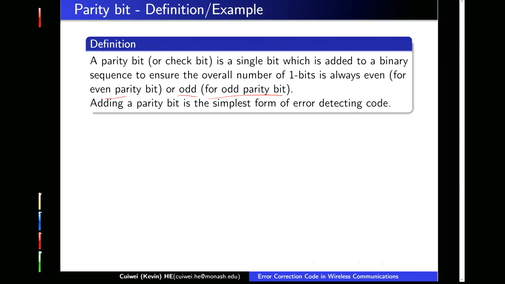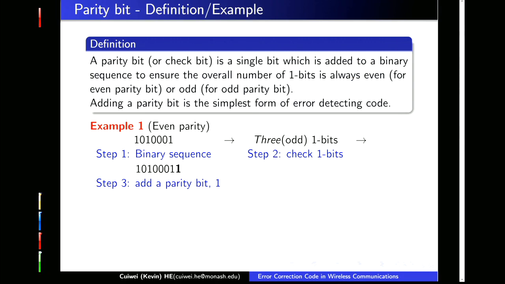So basically they are the same thing, and in my examples in today's lecture, I'll just focus on the even parity bit. Here's one example. After we get the transmitted message, we check how many ones are inside the sequence. You can see there are 3 ones, which is an odd number. So in this case, we generate a parity bit of 1 and put it at the end of the sequence.